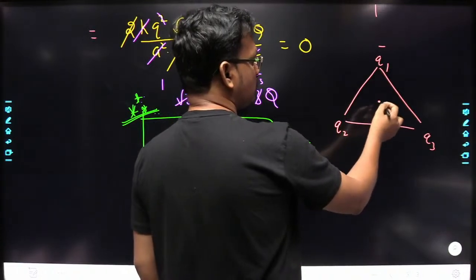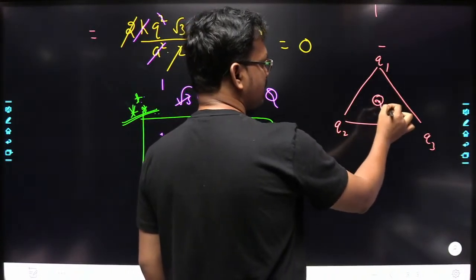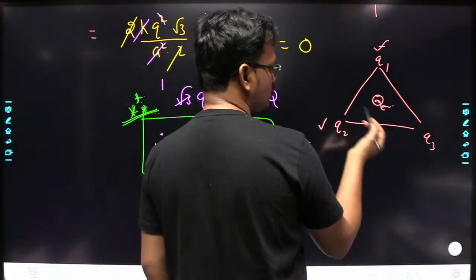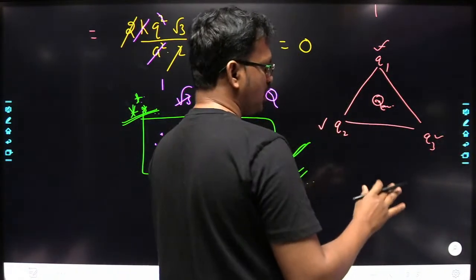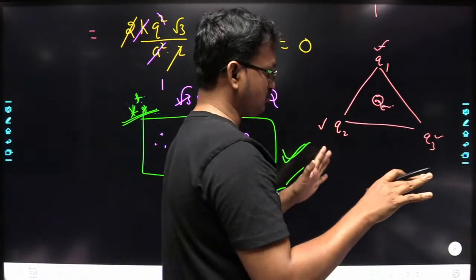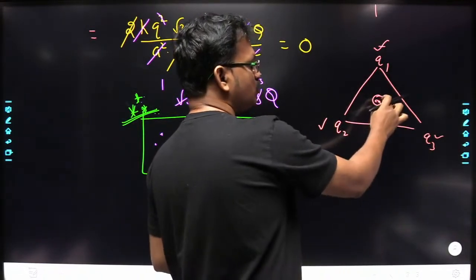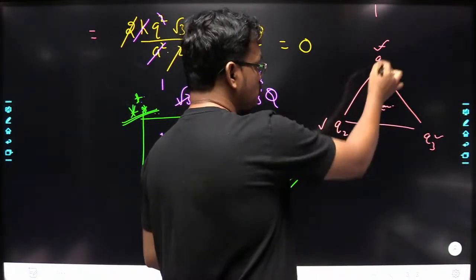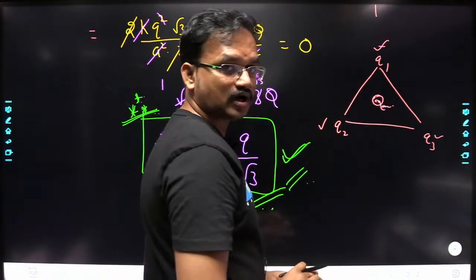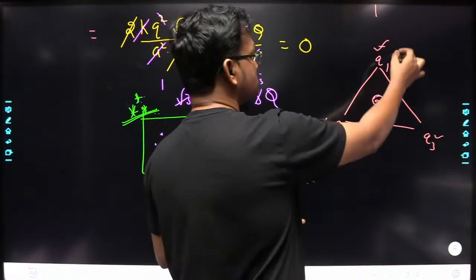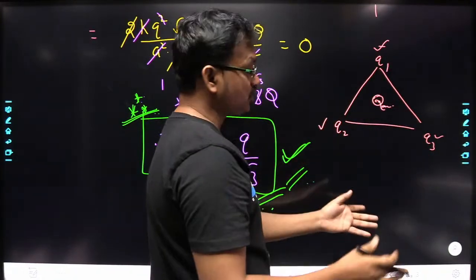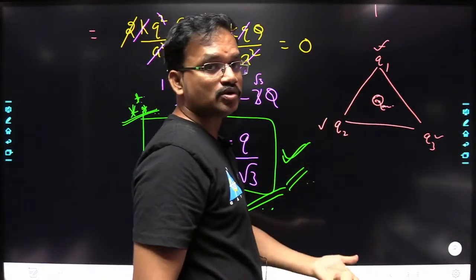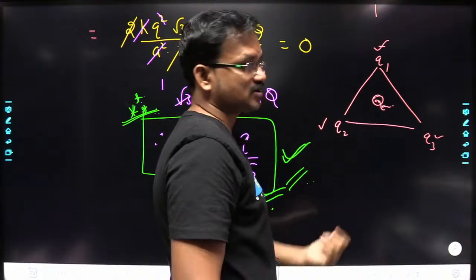Even though you choose charges such that the force on Q1, Q2, Q3 is equal to 0, the net force on the charge Q that you are placing here, due to all the other three charges, cannot be equal to 0 if you choose random charges.